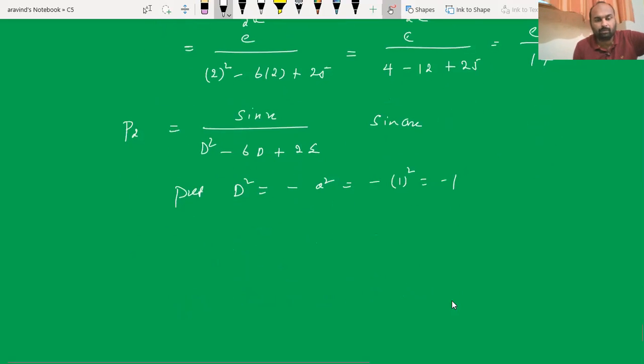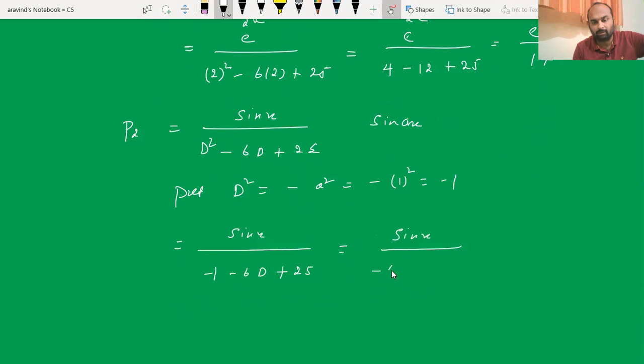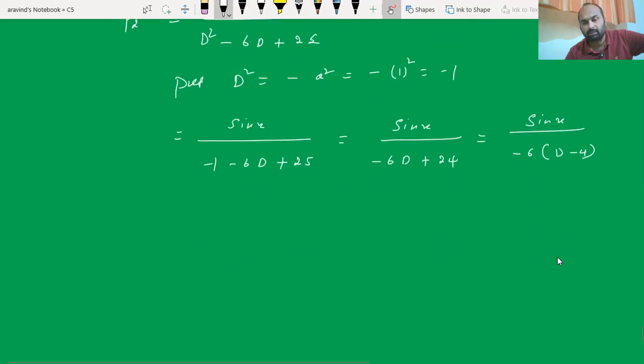So sin x divided by minus 1 minus 6d plus 25, or you can write sin x divided by minus 6d plus 24, since 25 minus 1 will be 24. So you can take minus 6 as common. If you take minus 6 as common, it will be d minus 4. The denominator has d minus 4.